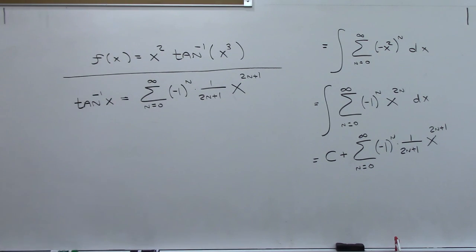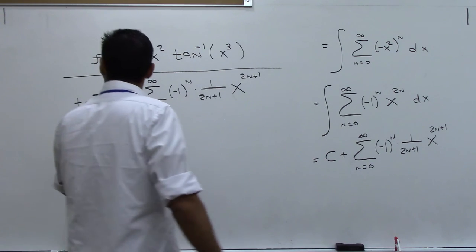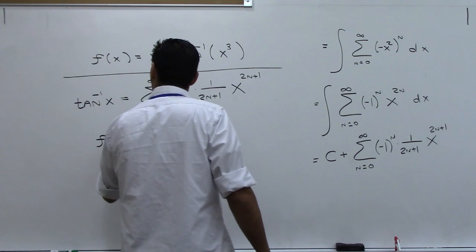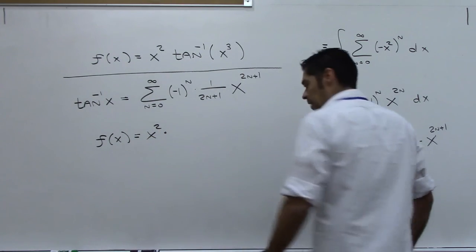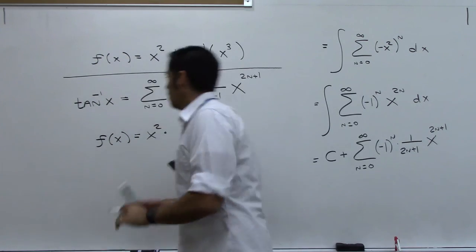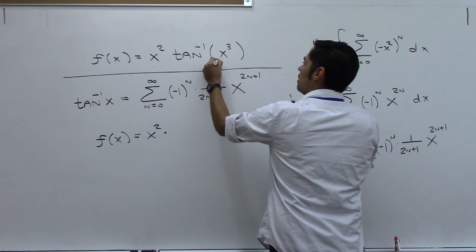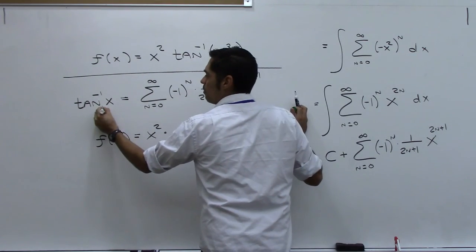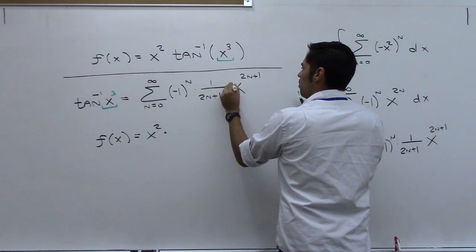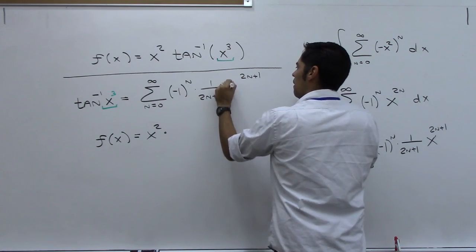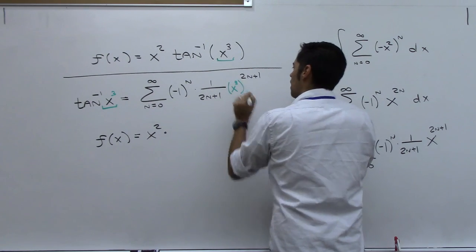Now let's go back to the original problem. F of x equals x squared times, now tangent of x cubed. What I'm going to do is take x cubed here, replace this right here with x cubed, which in this formula would replace this x with x cubed right there.